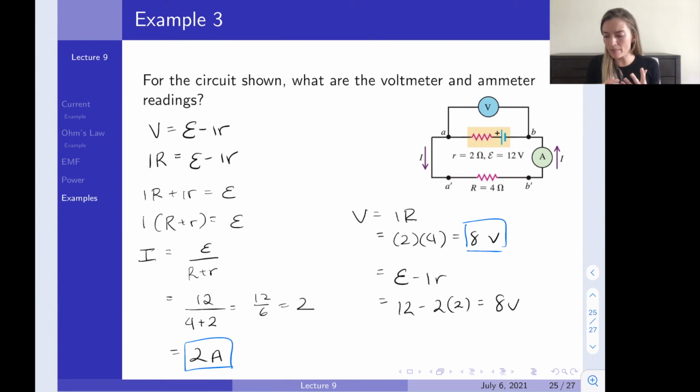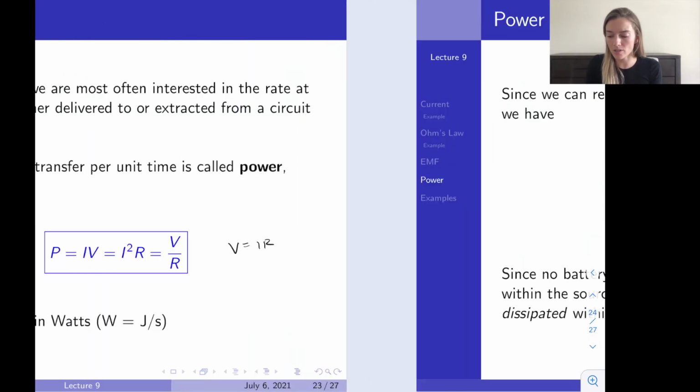And you might ask, how do you know if it's positive or negative, since I was a little careless with VA minus VB versus VB minus VA? Basically, it's because this is the positive terminal of your battery. That's going to be the top of your potential hill. So you know as soon as a particle goes past the positive terminal of the battery, it's been moved up to the top of that potential hill.